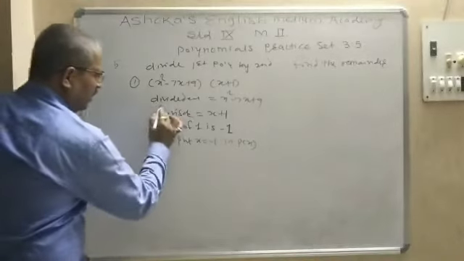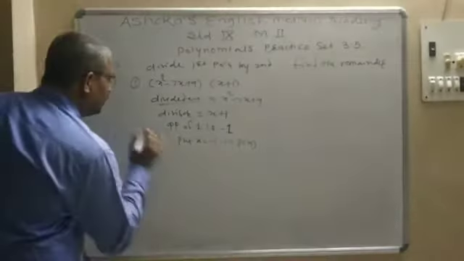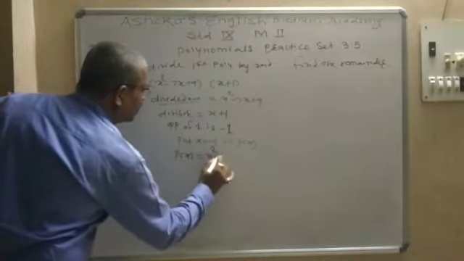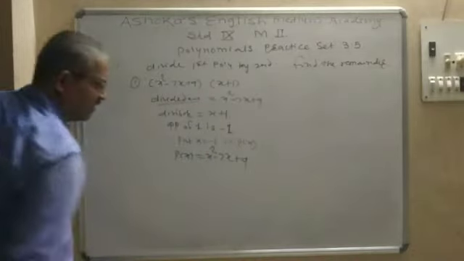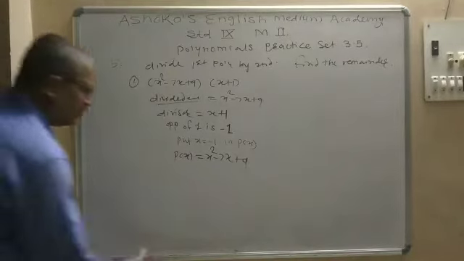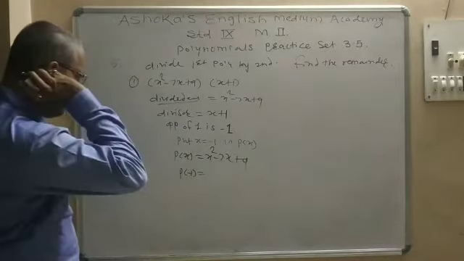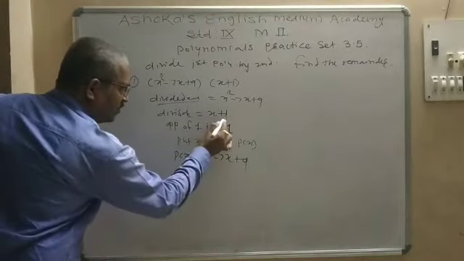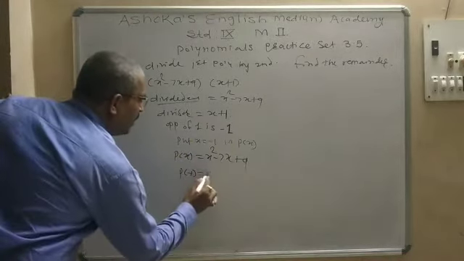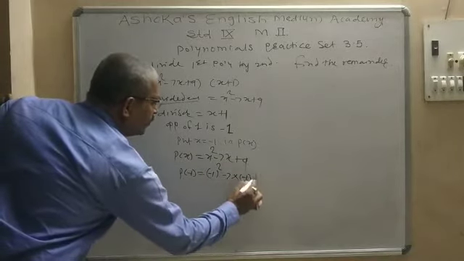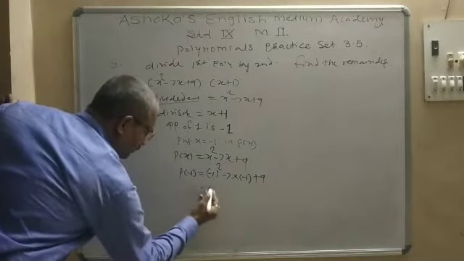So the dividend, Px, is equal to x square minus 7x plus 9. Then in this we will keep P of minus 1, because x plus 1's opposite is minus 1. P of minus 1 is equal to minus 1 square minus 7 into minus 1 plus 9.